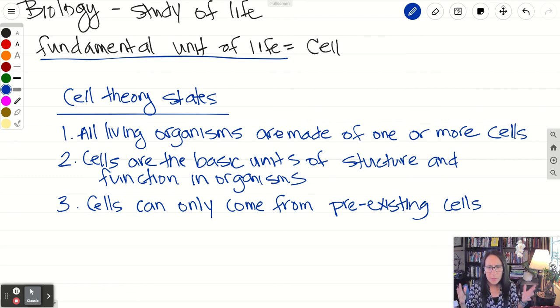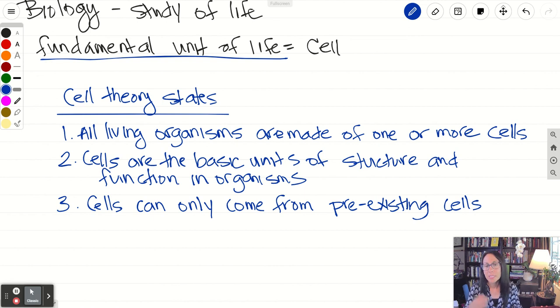And this theory was developed from a famous experiment by Louis Pasteur where he noticed that maggots would just show up on meat, which is just so disgusting. But for many, many years, they thought the maggots just came out of nowhere, out of the air.